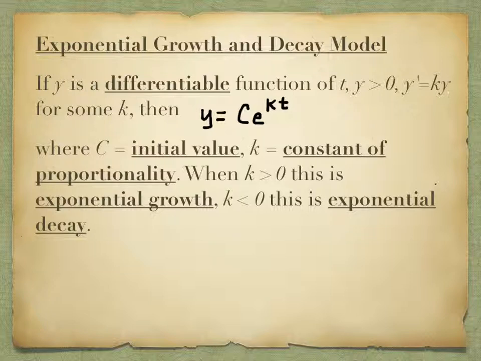We saw that form happen on several different problems that we worked. C is called the initial value. K is called the constant of proportionality. When your k value is positive, you have something that's growing exponentially. When the k value is negative, it's decaying exponentially, exponential decay.